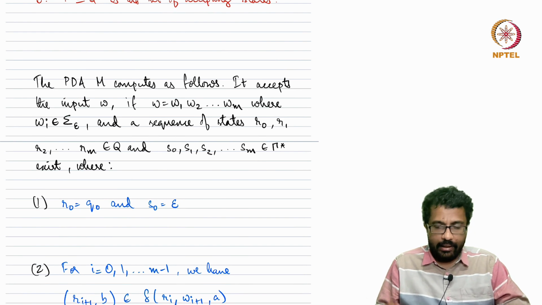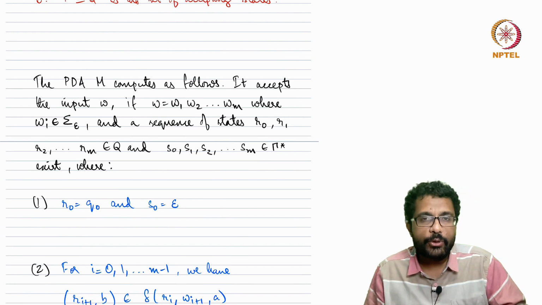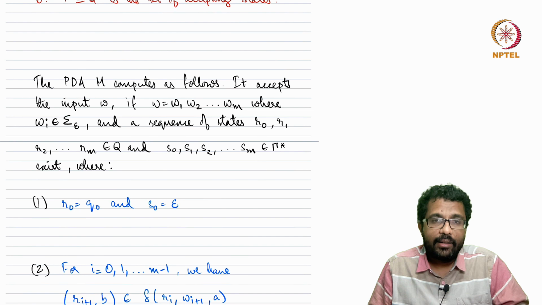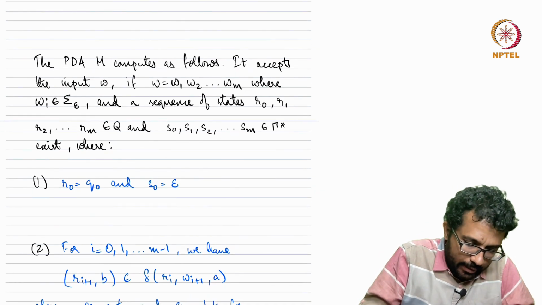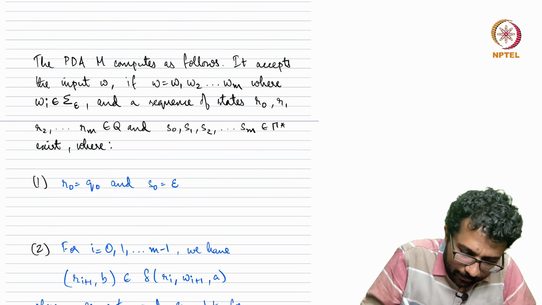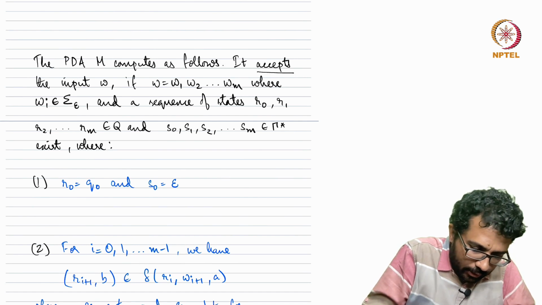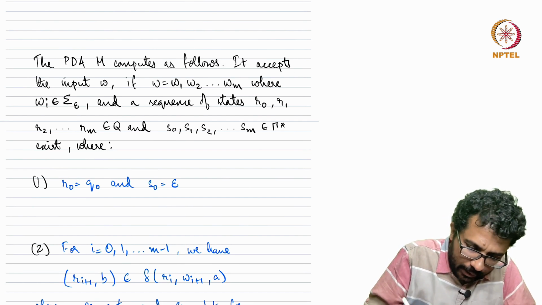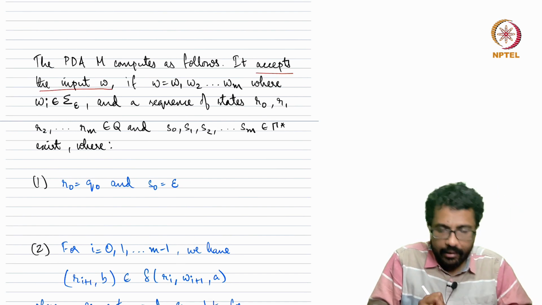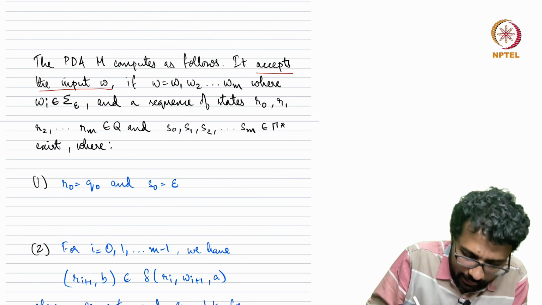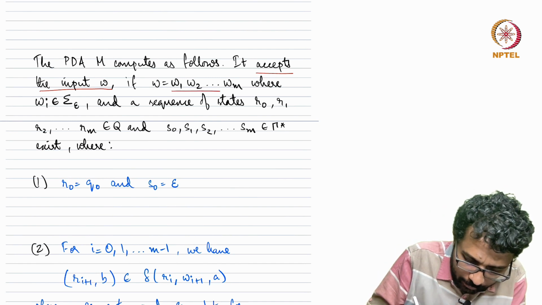So let me formally define what constitutes acceptance of a string in the PDA. We say that the PDA M accepts the input W if we can write W as m symbols, W1, W2 up to Wm.